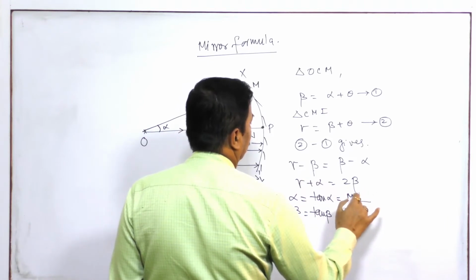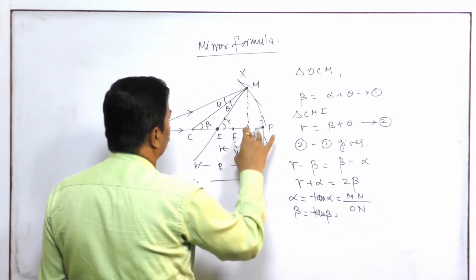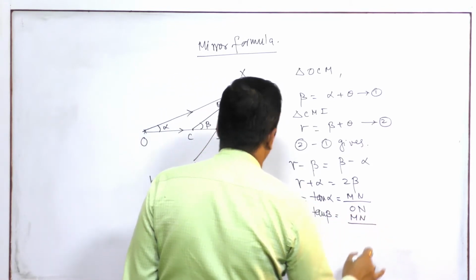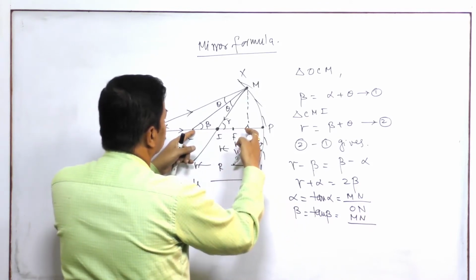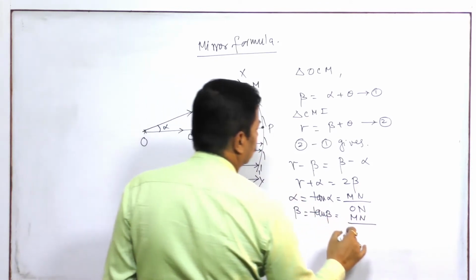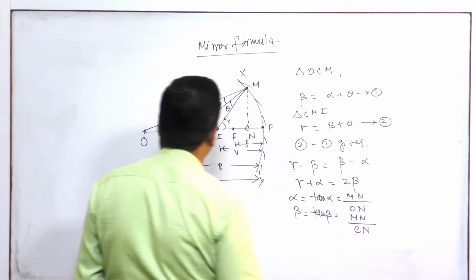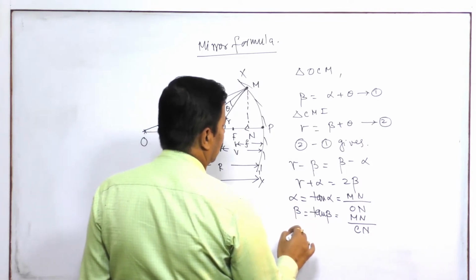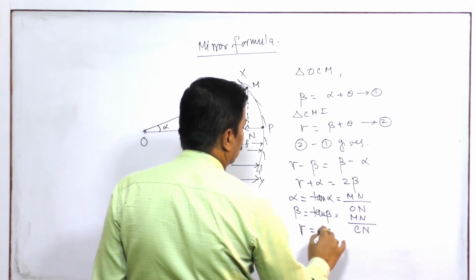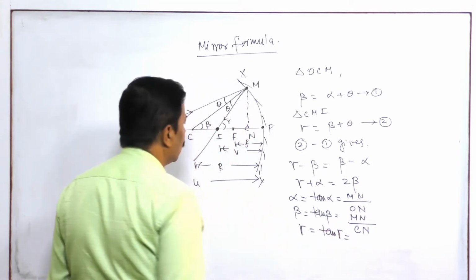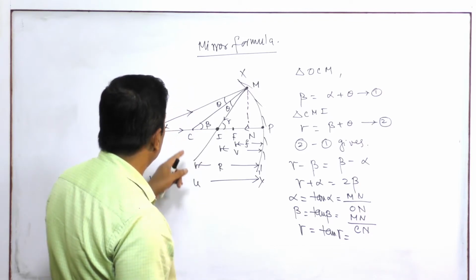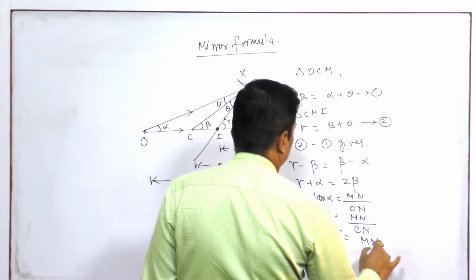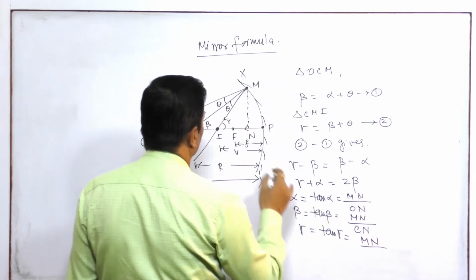Perpendicular is not MC, perpendicular is MN. And gamma is tan gamma, which is MN by IN.